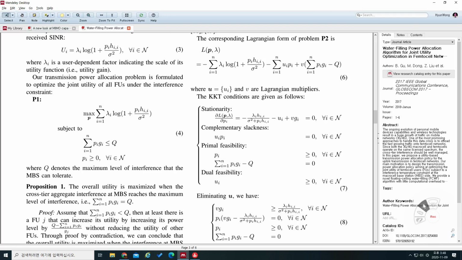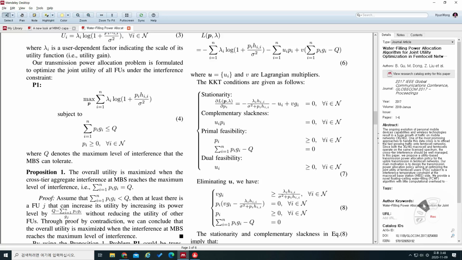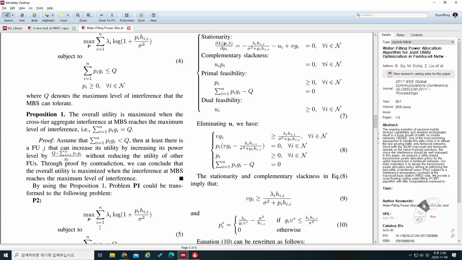Proof. Assume that the sum of p_i g_i is less than Q. Then at least there is an FU j that can increase its utility by increasing its power level by the remaining margin divided by g_j, without reducing the utility of other FUs. Through proof by contradiction, we can conclude that the overall utility is maximized when the interference at the MBS reaches the maximum level of interference.